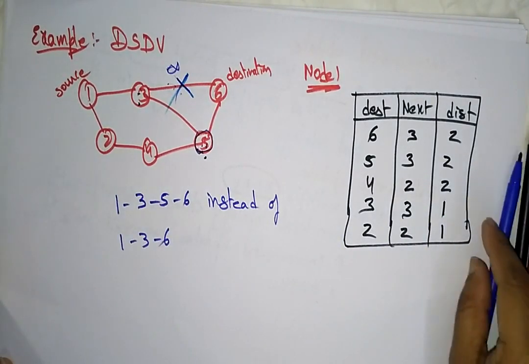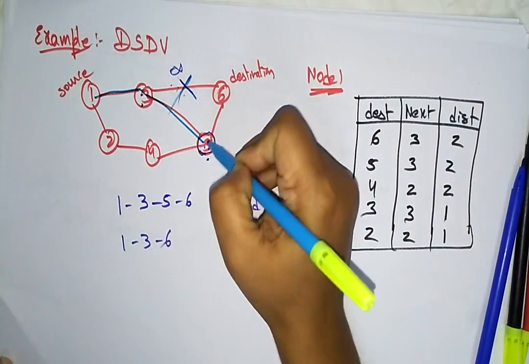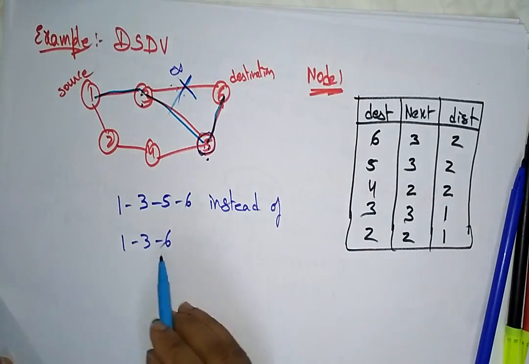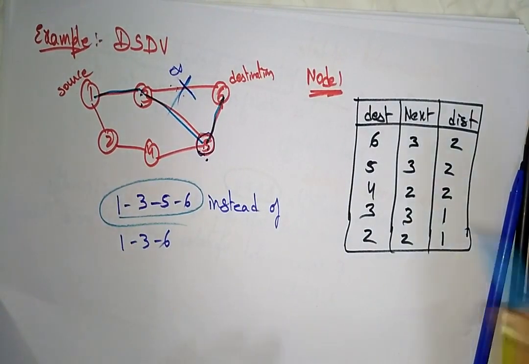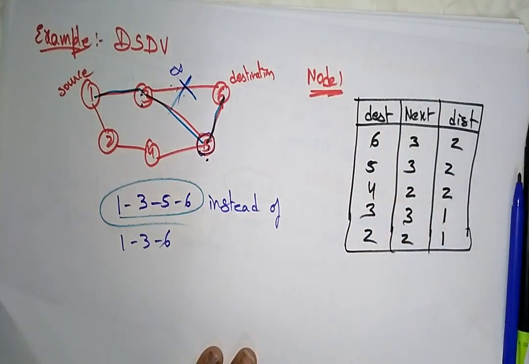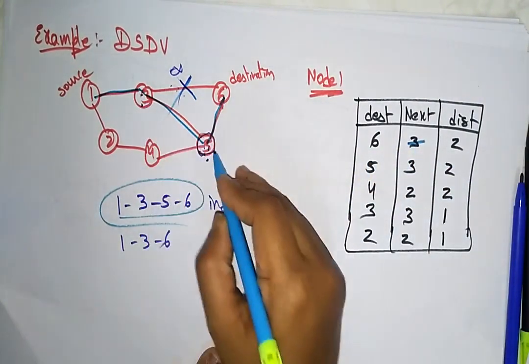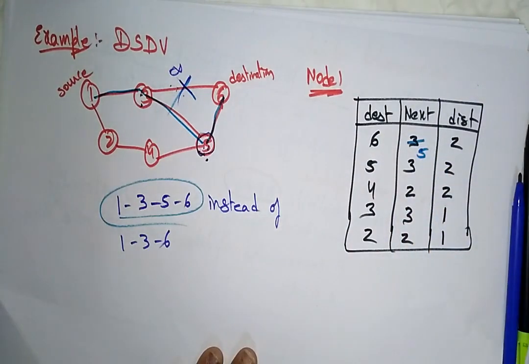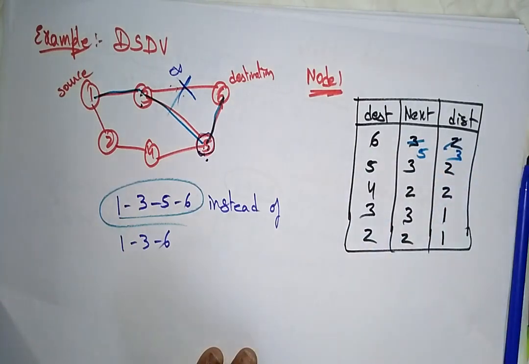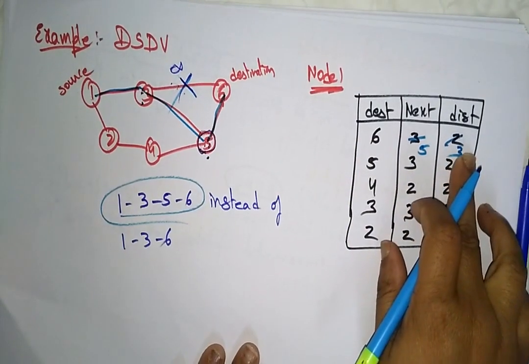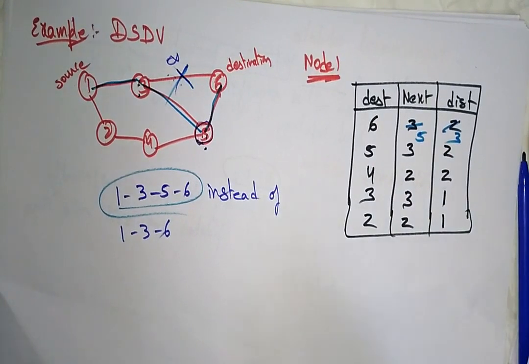It selects a path like 1, 3, 5, 6 instead of going the earlier path, and it updates the entry for 6. The next node for 6 is not 3, now it is 5, and the distance is changed to 3. Like that it automatically updates. So this is about the DSDV.